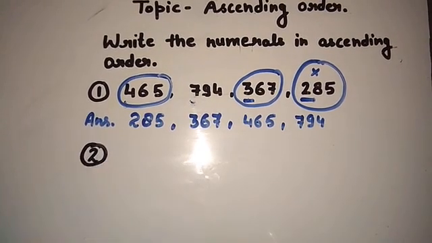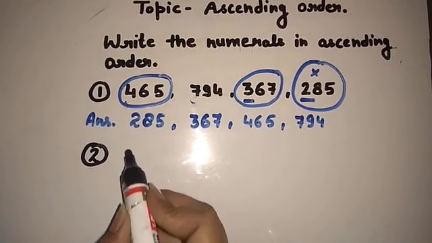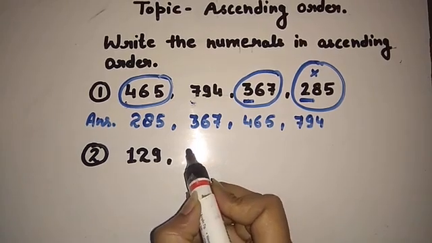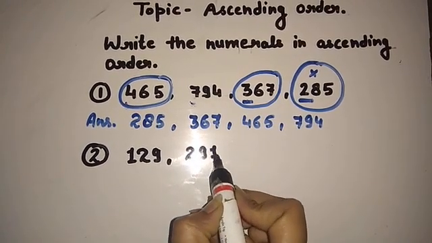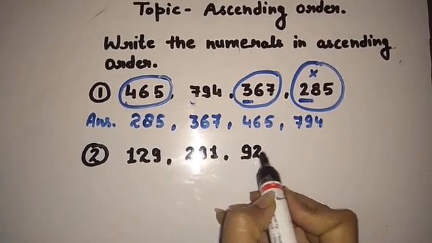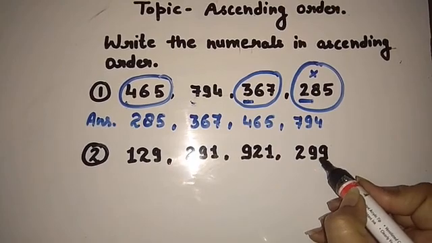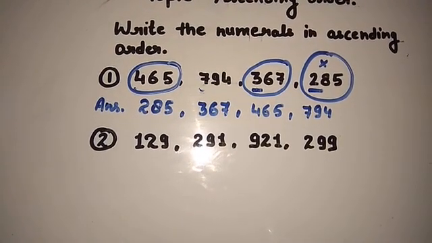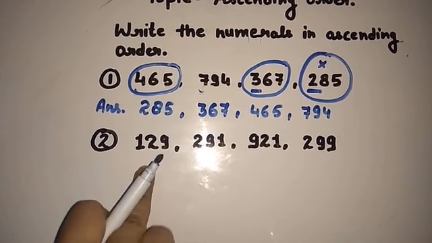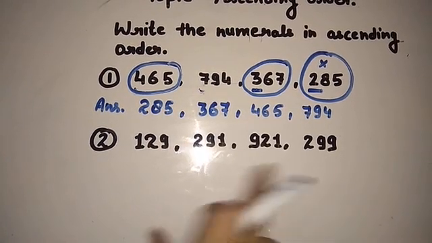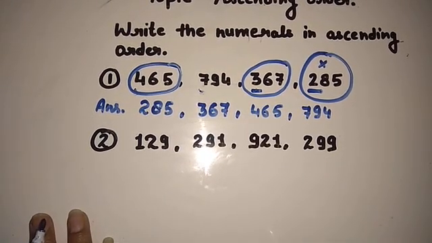Question 2. The numbers are 129, 291, 921, and 299. Again the same concept we will use. All the numbers are given in hundreds.